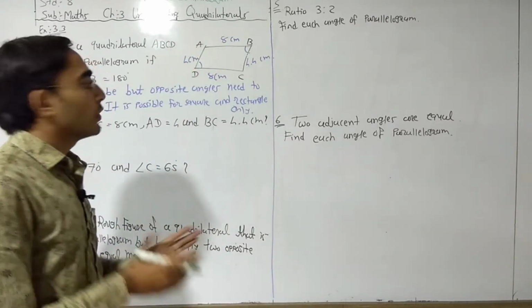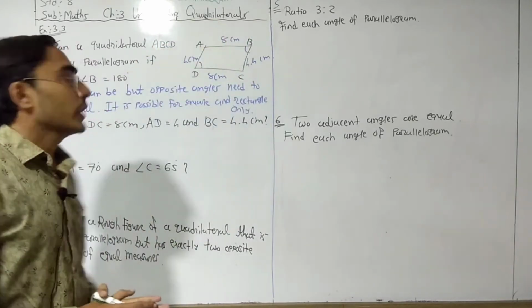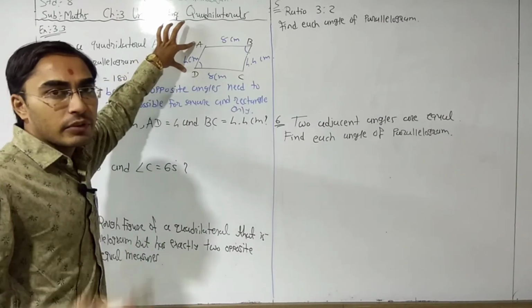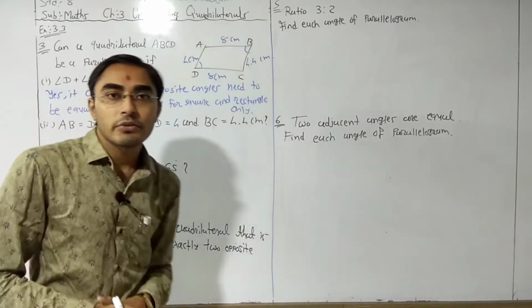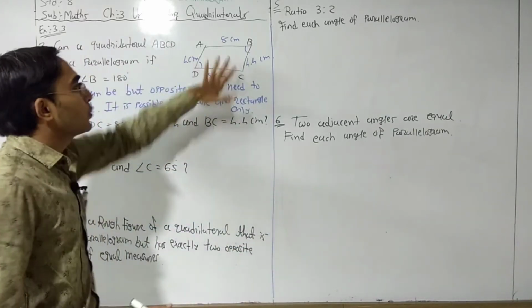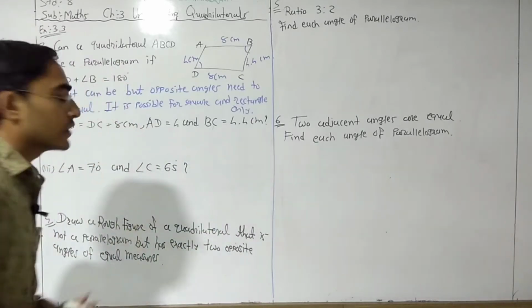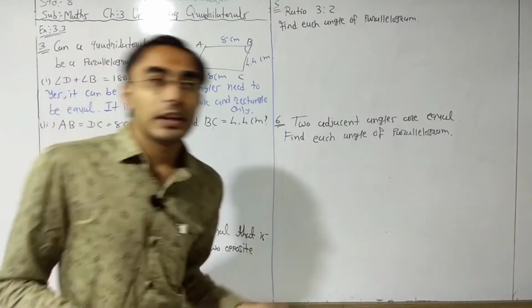But the second pair of opposite sides, AD and BC, are not equal, because AD is 4 centimeter and BC is 4.4 centimeter. That's why this condition is not applied for the parallelogram.